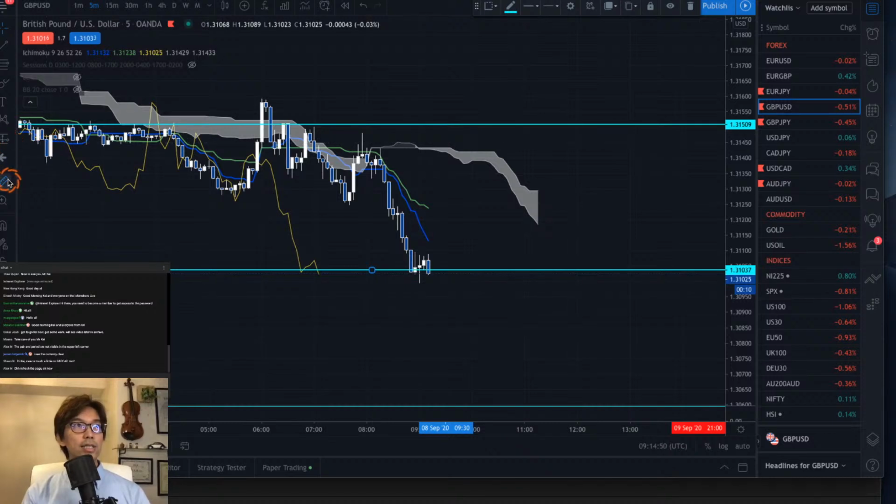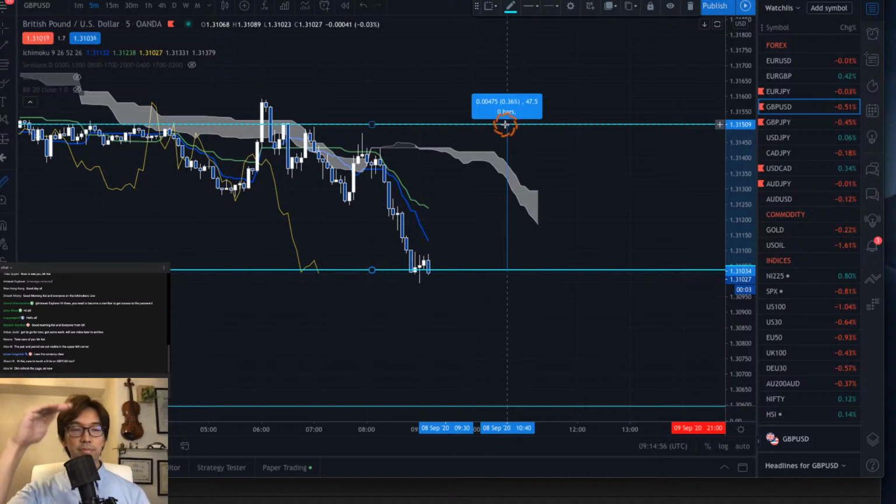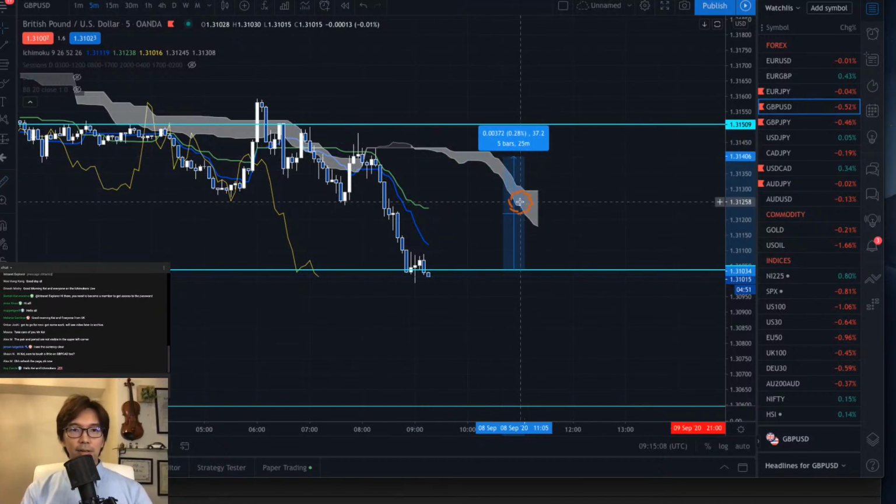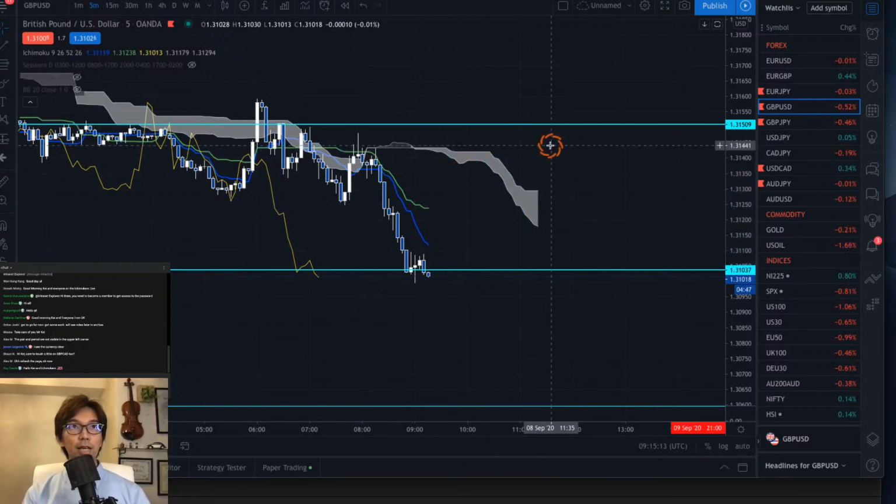And how many pips is that? This is 47 pips of stop loss, which is relatively wide. So most likely I would close the position before it reaches the stop loss. But anyway, this is the stop loss point if I take a sell here.